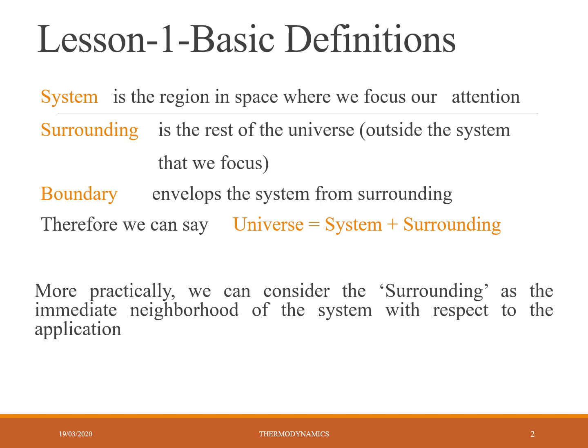System is the region in space where we focus our attention. That means system is a particular defined area that we are concerning or that we are paying our attention.